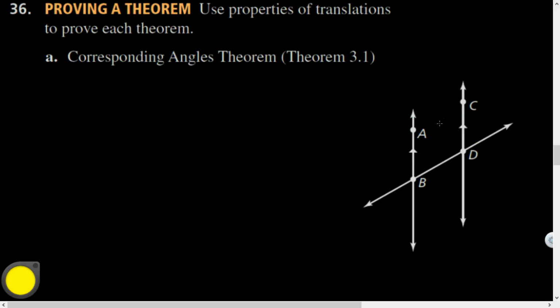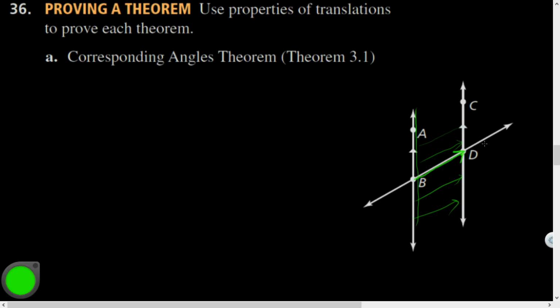Okay? So what I'm going to do is imagine using translations. What if I map line AB and line BD along the vector BD? So this entire thing would just go right, and it would get mapped like so.